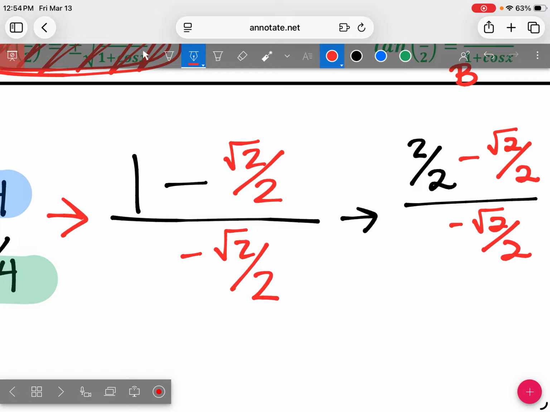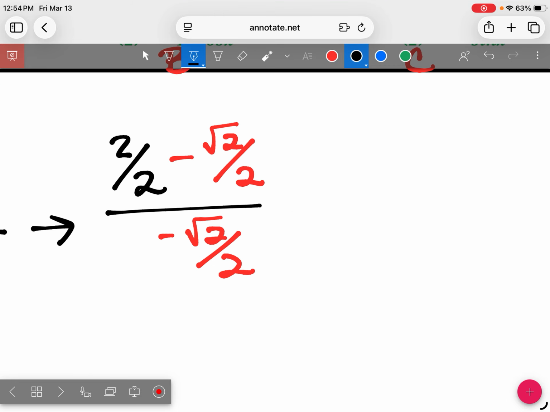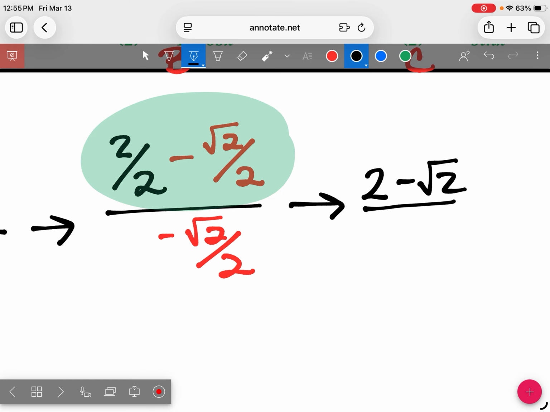You have to have a common denominator. And once you have a common denominator, we can write it as one fraction. So this is what I get on the top: 2 minus root 2 all over 2.